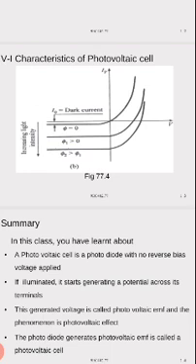The photodiode that generates photovoltaic EMF is called a photovoltaic cell.